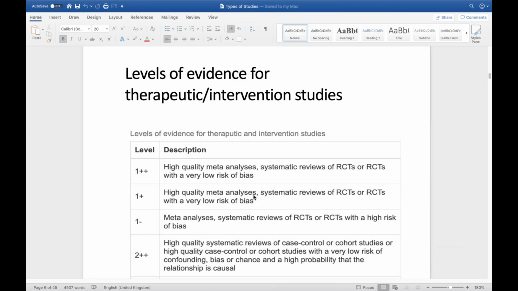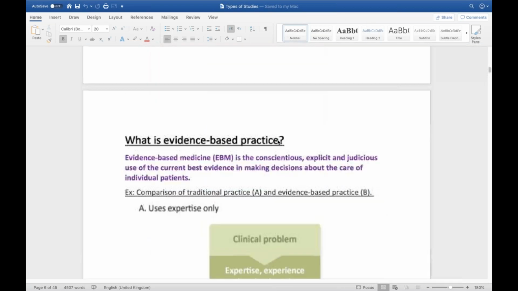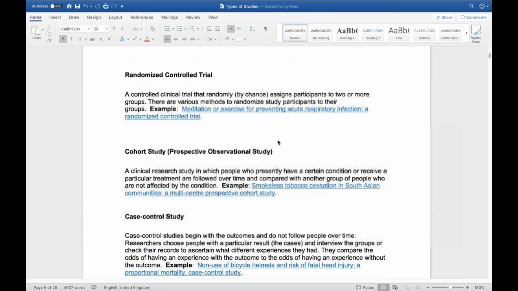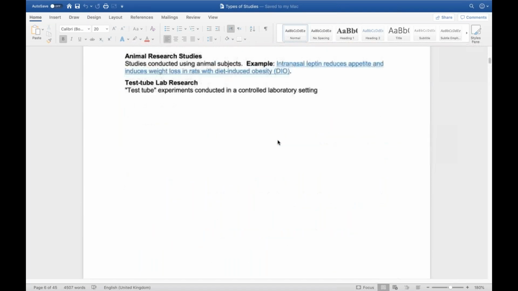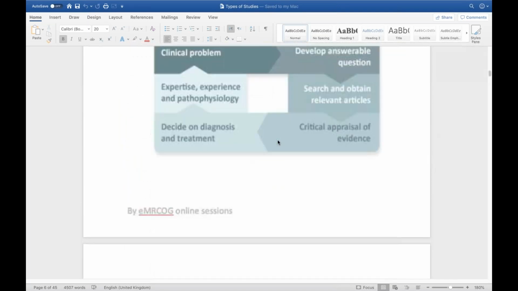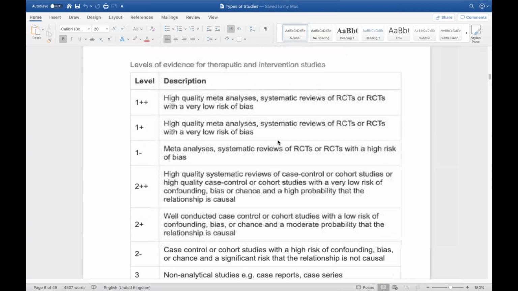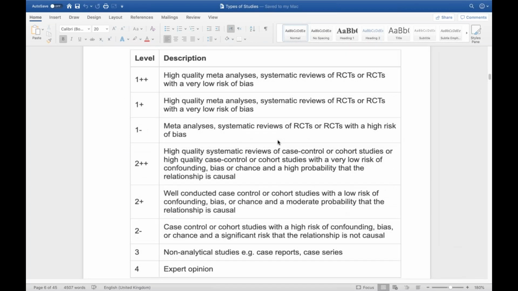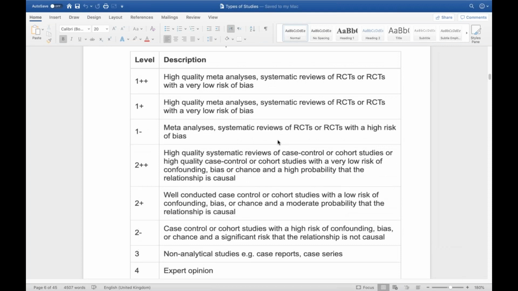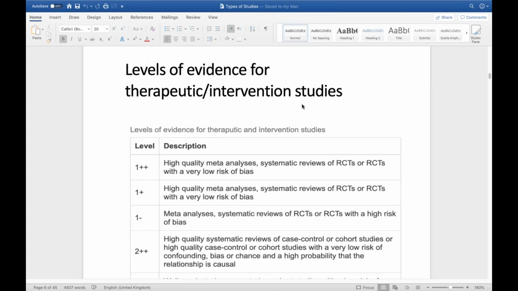Okay. Levels of evidence. Within all these types of studies that we've discussed, we need to decide which one of them is stronger and can be used confidently more than the others. There are a lot of ways of classifying the evidence according to which one is stronger than the other.